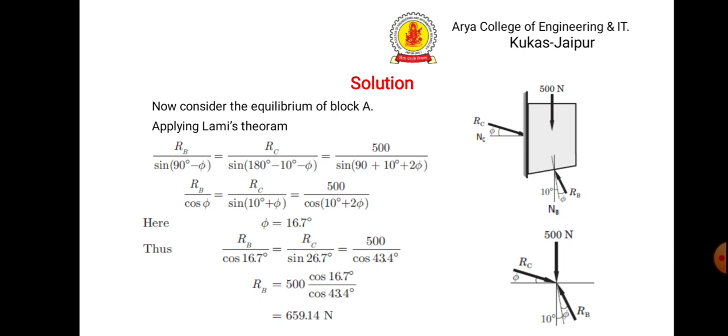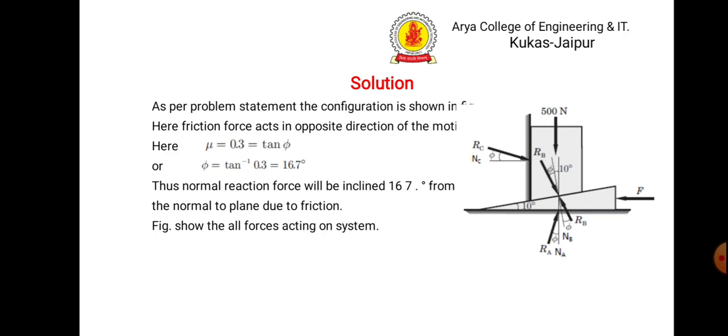Now I apply Lami's theorem here. RB upon sine of 90 minus phi equals RC upon sine of 180 minus 10 minus phi, equals 500 upon sine of 90 plus 10 plus 2 phi. Here we need to know phi. Phi is your angle of friction, and it is given in the problem that mu is 0.3, and we know that mu equals tan phi, so phi will be tan inverse of mu, which is 16.7 degrees.